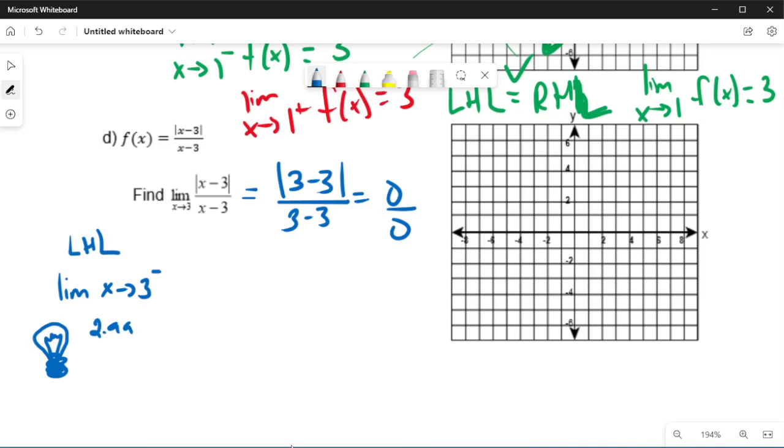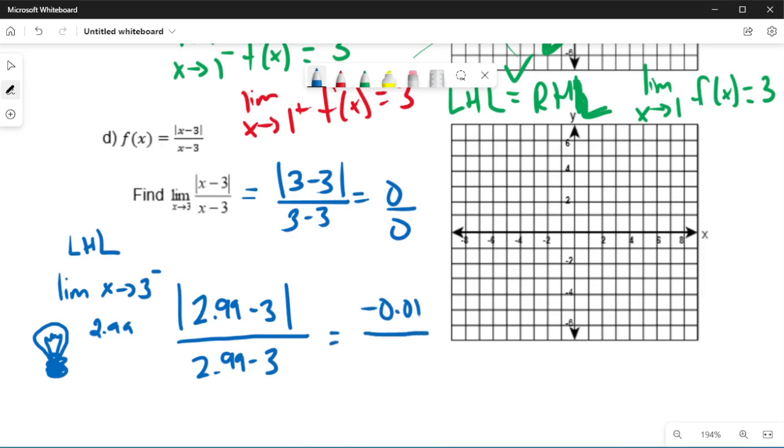Now what would happen if I plugged in 2.99 into this function? I get 2.99 minus 3 over 2.99 minus 3. Now that doesn't seem so bad. On the top I get negative 0.01, and on the bottom I get negative 0.01.